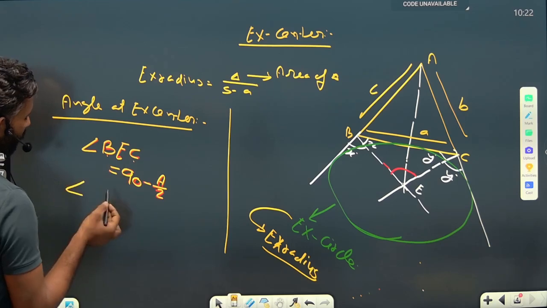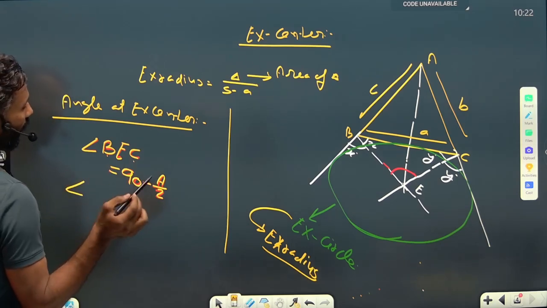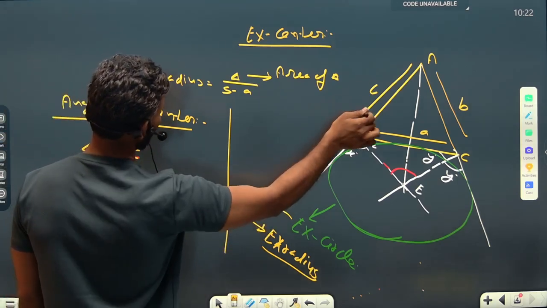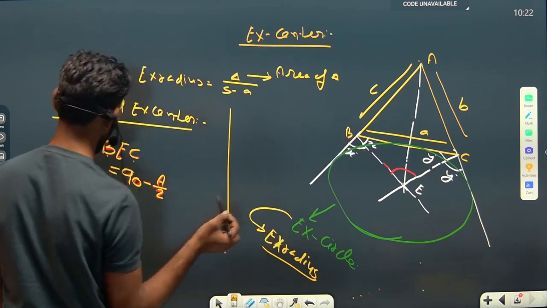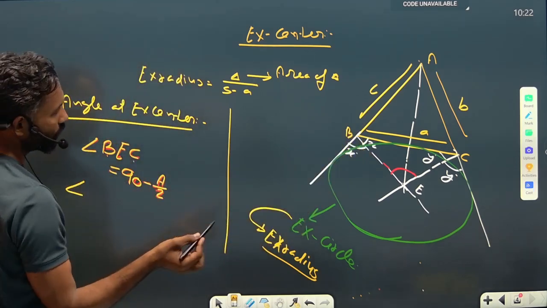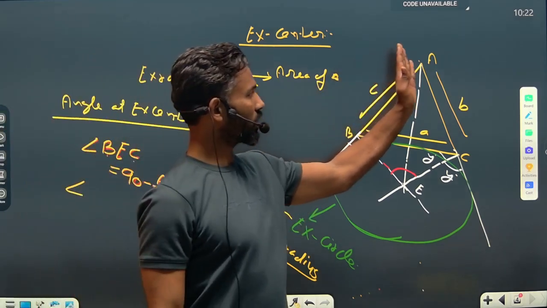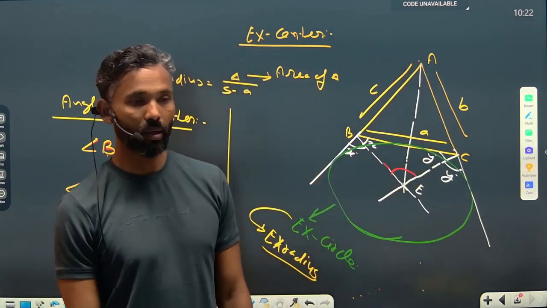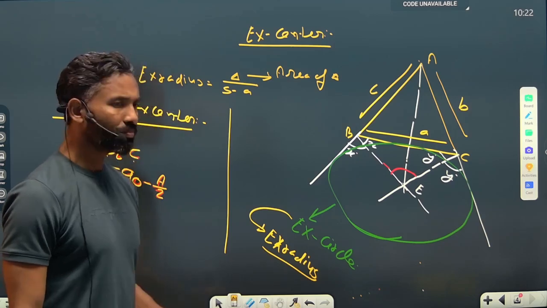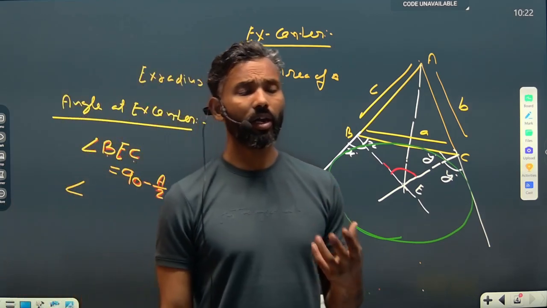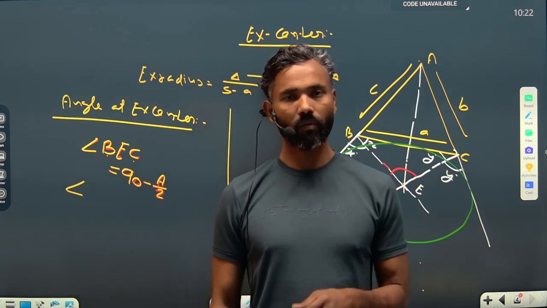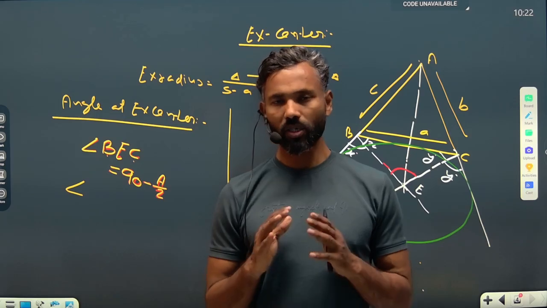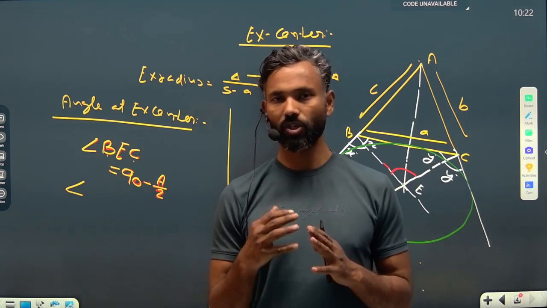If you have to calculate the angle at the excenter when you are drawing bisectors of A and B, then that will be 90 minus C by 2. If you draw the bisectors of A and C, that will be 90 minus B by 2. So these were the properties related to the incenter and excenter, and these are very basic properties. You just have to memorize these properties in your mind.